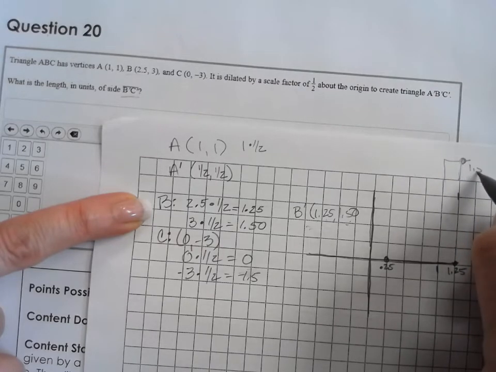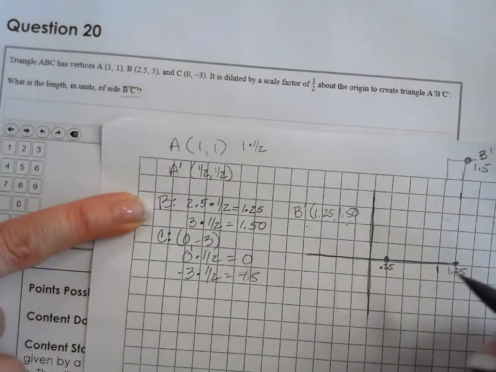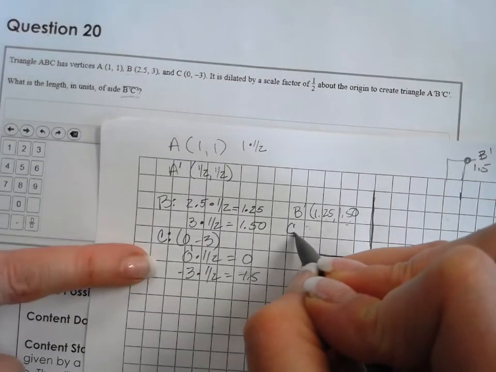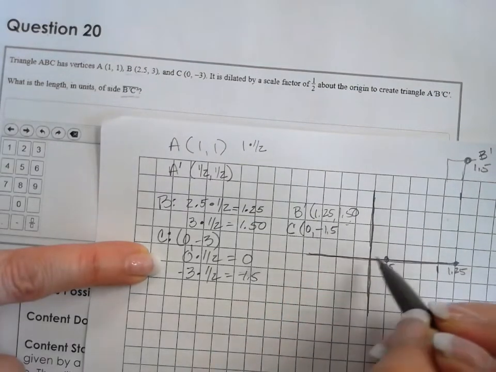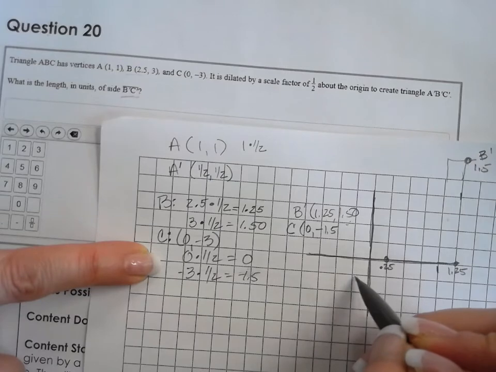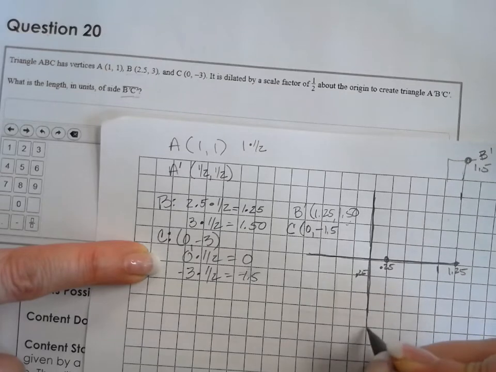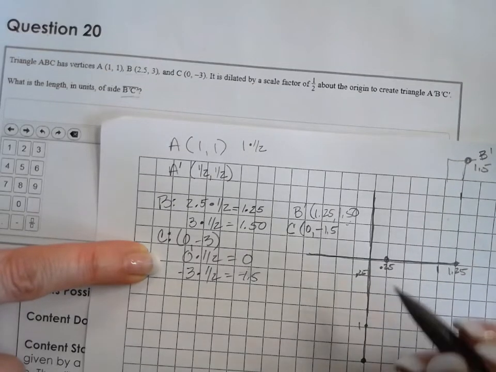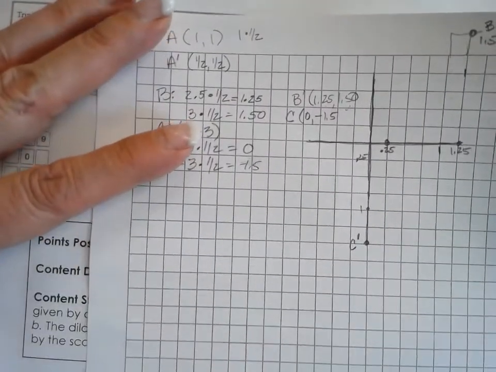And this is going to be 1.5. So there's my B prime. Is everybody with me on that? Okay, C is going to be 0 and -1.5. So 1/4, 50, 75, 1, 1.5 was here. Oh, my bad, thank you.